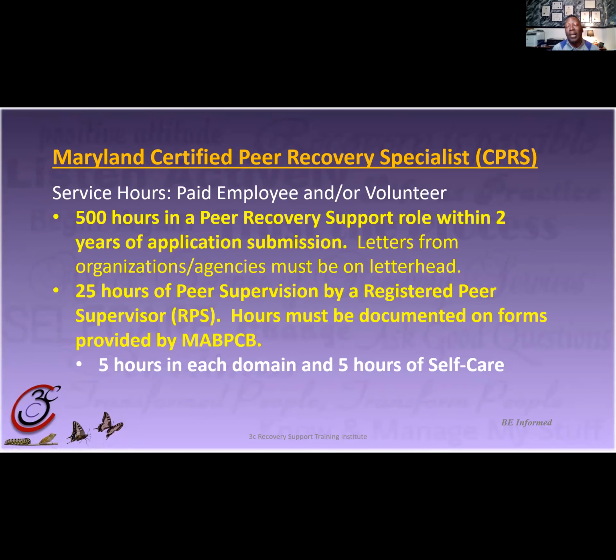So in addition to receiving your education hours, you also need to have 500 service or practicum hours. You need to have at least 500 hours of actually doing the work. Once you've completed 500 hours, wherever you have worked or volunteered, they will produce a letter on that organization's letterhead stating that you completed the hours with them for peer certification.